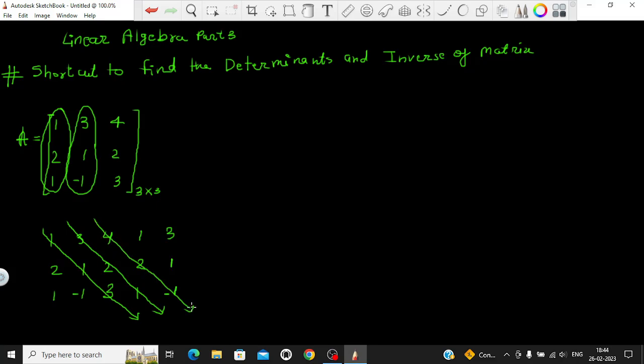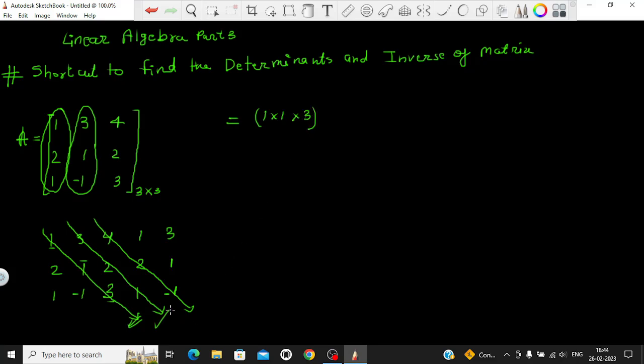So on this arrow we are getting 1 1 and 3, so we will multiply 1 into 1 into 3.